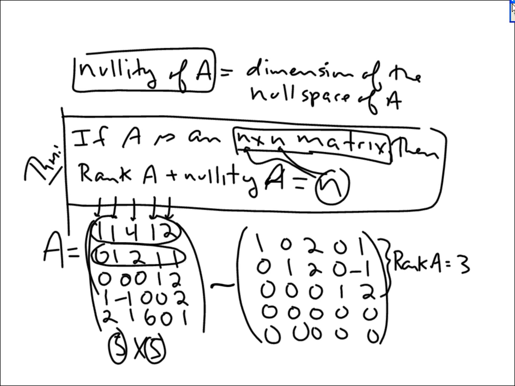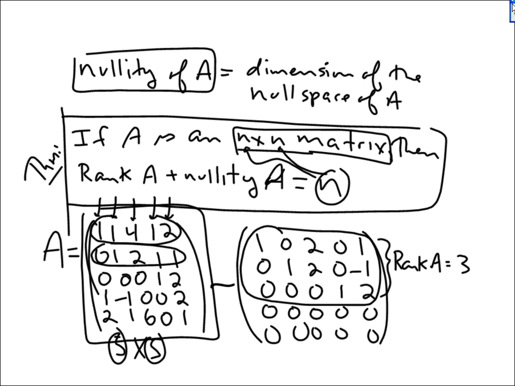Well, we don't want the row rank of A. We don't want the column rank of A. We just want the rank of A. But the rank of A is both of those. That is, you don't have to transpose this ever. You reduce it, you get 3 rows that are not entirely zeros. That's the rank of A, 3.